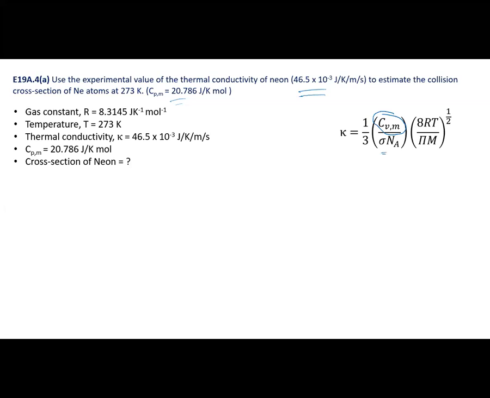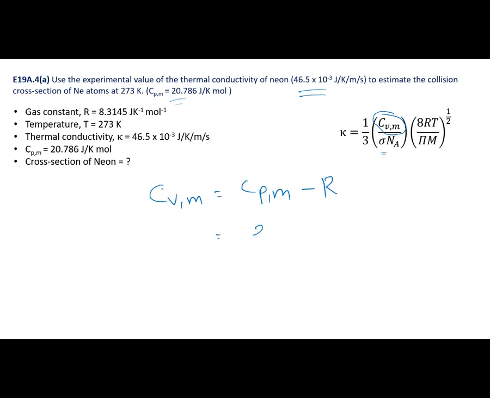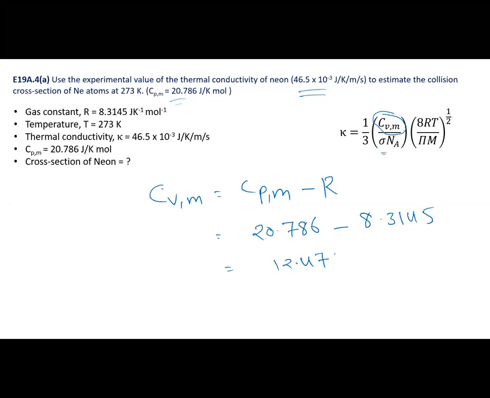From the thermo class, you should remember that there is an equation where CVM is equal to CPM minus the gas constant R. So once we employ this, it becomes 20.786 minus the gas constant 8.3145. The CVM becomes 12.472 joule per Kelvin per mole. So now we have CVM.